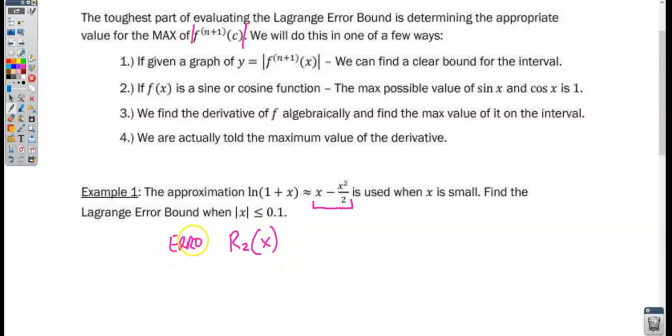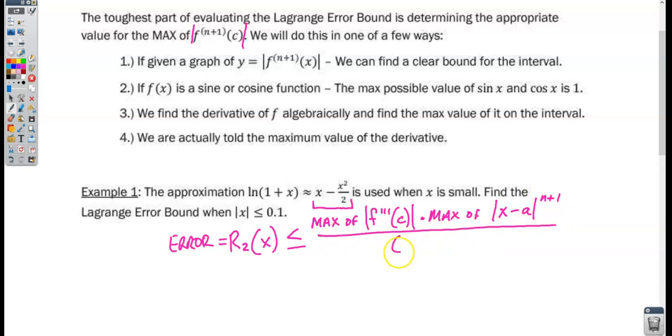So the error which we're going to approximate with the second degree error bound is less than or equal to the maximum value of the n plus first derivative. So we're looking for the max of that times the max of the absolute value of x minus a to the n plus 1 all over n plus 1 factorial.